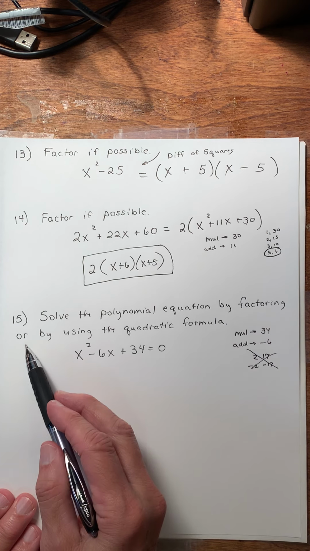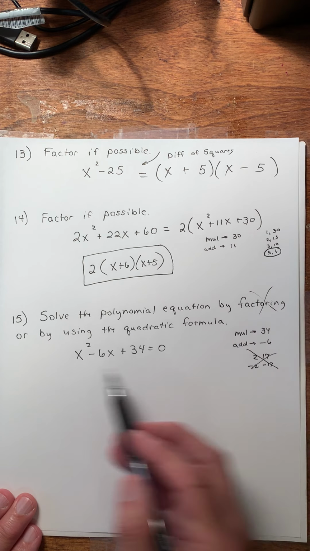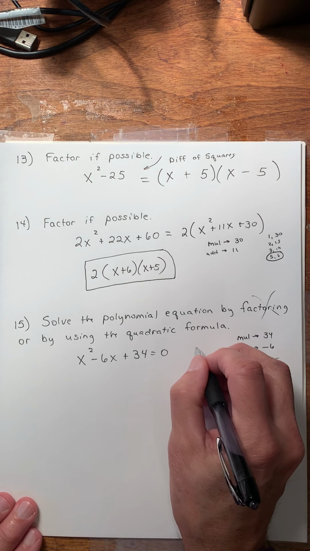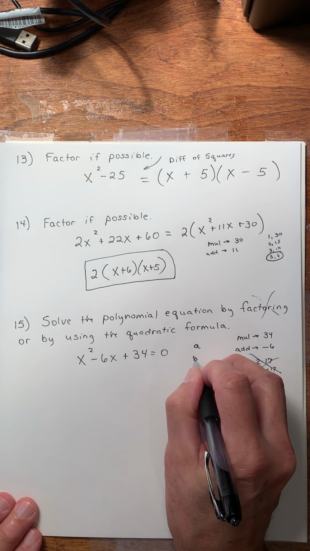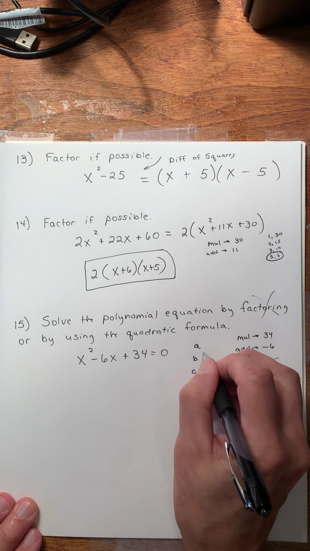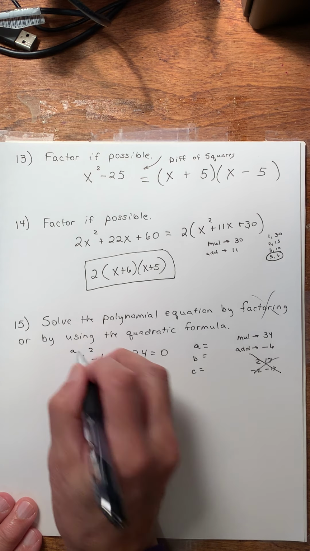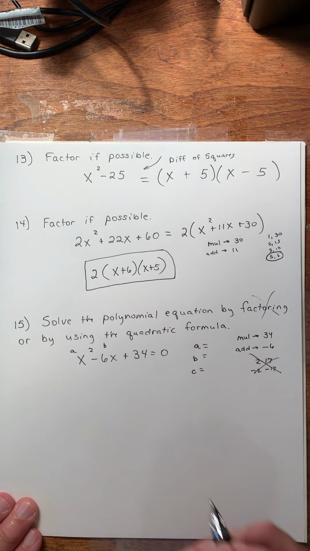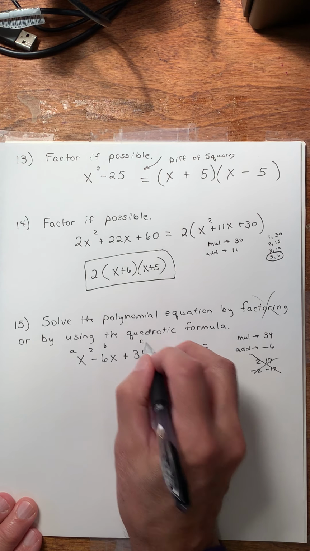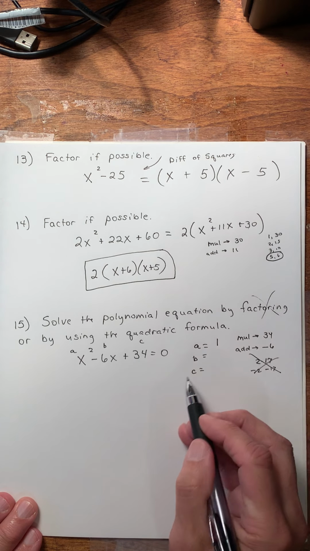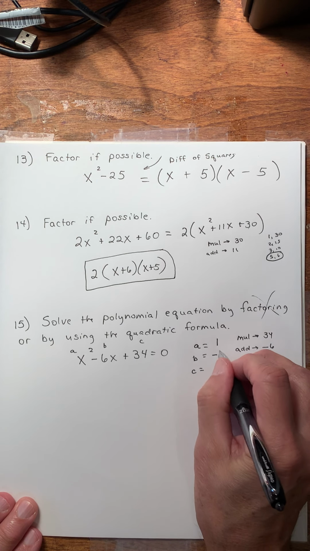So I'm going to have to use the quadratic formula, which means I'm going to have to indicate what A, B, and C are. Remember the A? It's whatever's in front of x squared. B, whatever's in front of x. And C is your constant number. So my A is 1. My B is negative 6.